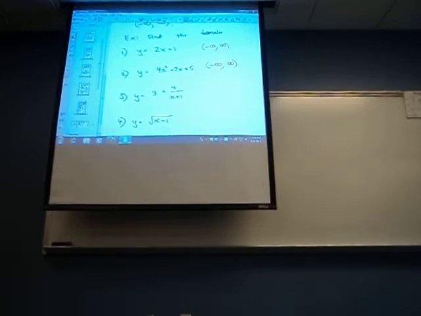Because there's nothing that I need to worry about in those functions. And if you think about it, in those two I can really plug in any x value. I'm never going to have a problem. I can always multiply by 2, I can always add 1, I can always square any number. What we are worried about is the x plus 1 in the denominator and the x plus 1 under the square root.